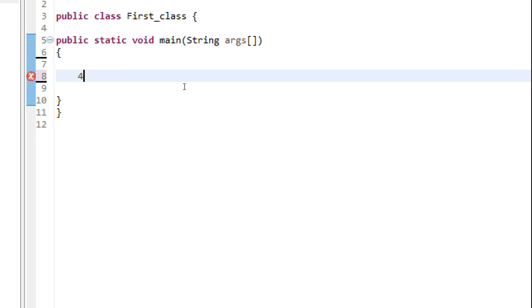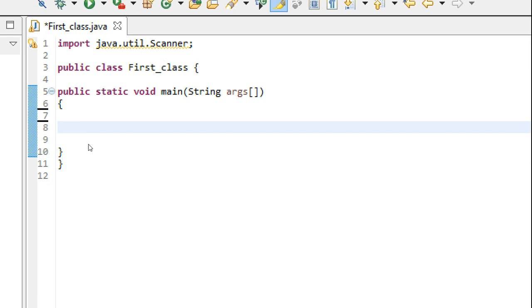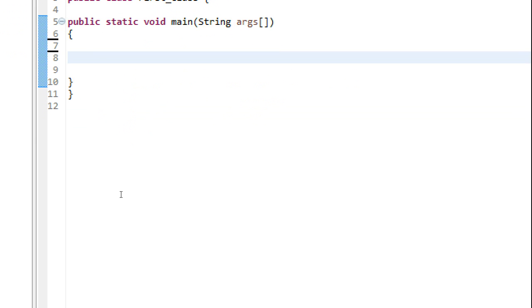Now let's see how you would actually use it. Let me show you by programming.